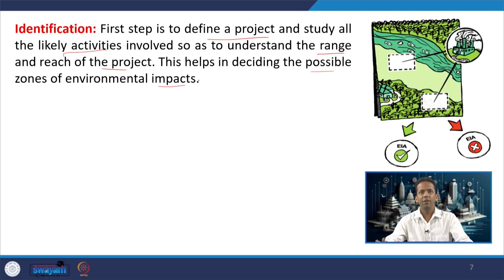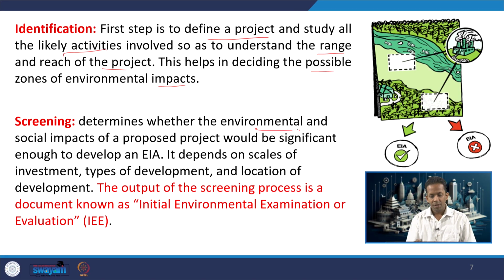So, once this identification is done, proposal is identified, before it is sent for reviewing or EIA, it needs to be screened. So, screening determines whether the environmental and social impacts of the proposed project would be significant enough to propose EIA or not. Sometimes in the screening it is found that okay, the project looks fine, it may not have a significant environmental impact, significant social impact.